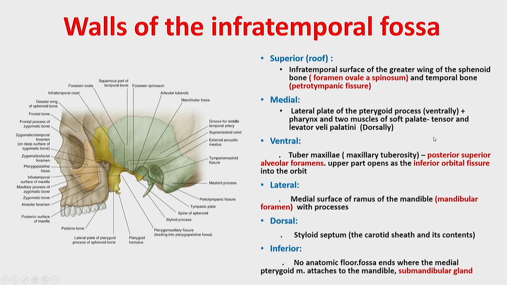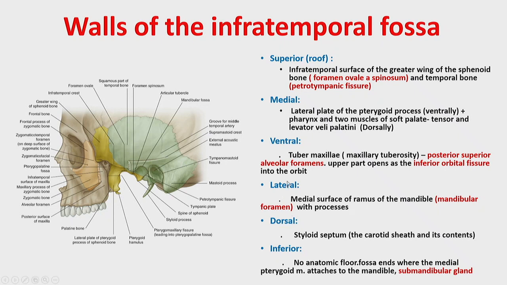The ventral aspect is the maxillary tuberosity, which contains the foramens and canals, the posterior superior alveolar foramens and canal, and also a small part is communicating with the orbit through the inferior orbital fissure.